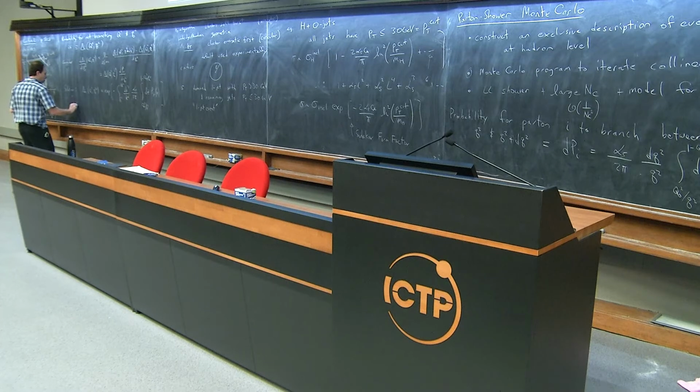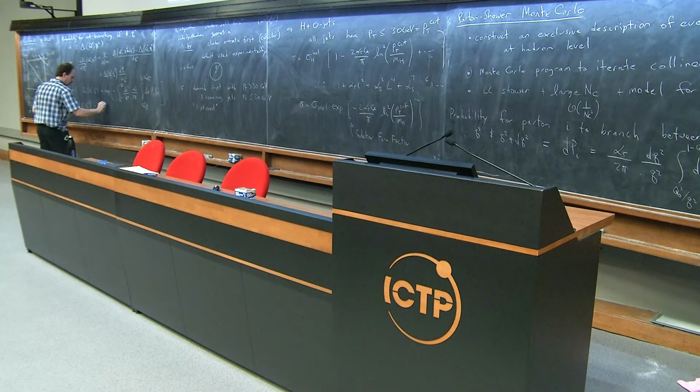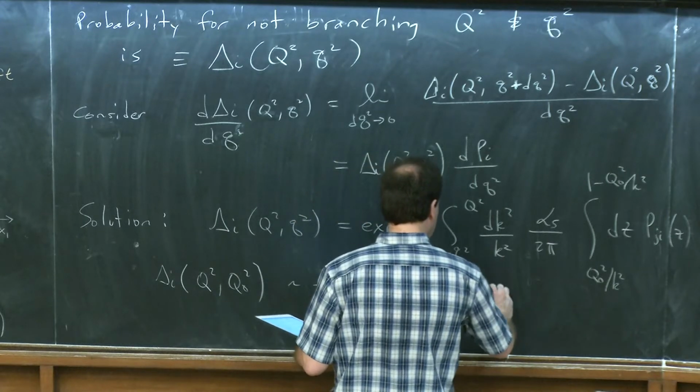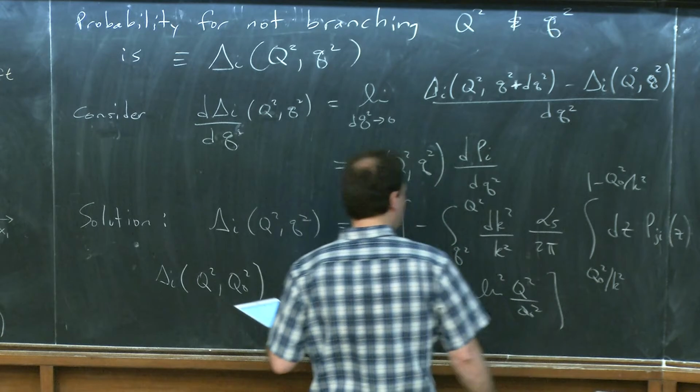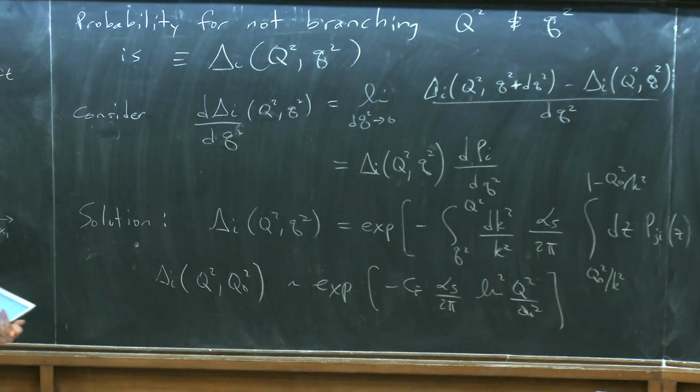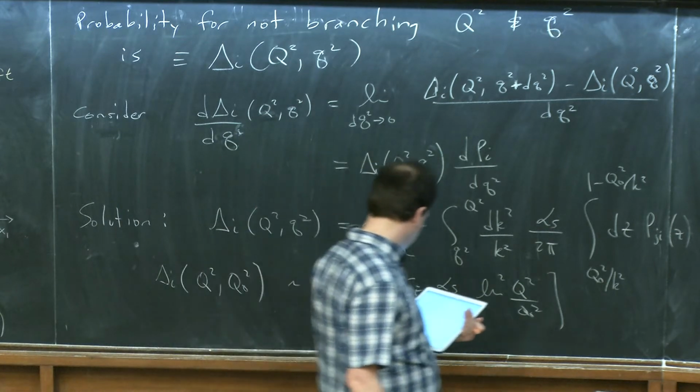If I was actually to take q squared, q0 squared, I could do all the integrals, and that would reduce to something which is exactly like the Sudakov exponential. So the Sudakov exponential is not unexpected because it's the collinear approximation giving those types of exponentials. Okay, the one that we had over there in the jet processes.